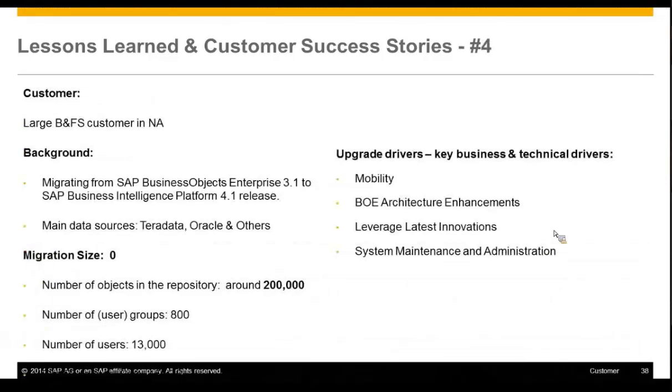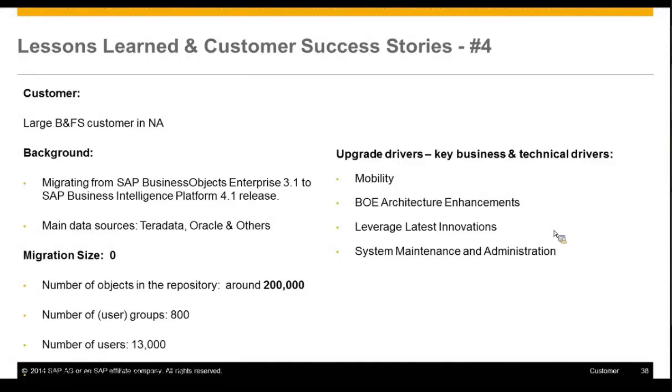The last one is one of the largest credit card companies in the world, based out of North America. They had a huge repository in terms of the FRS and CMS because of the size and the number of reports they had to produce for compliance reasons. The main drivers for them to come to the latest release were mobility and the architecture enhancements.